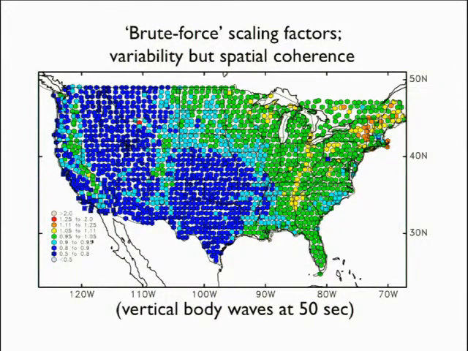But the important thing is that blues tend to be grouped with blues, which shows that adjacent stations actually have very similar scaling factors. There's a regional pattern here, which I think has little to do with Earth structure, and might have to do with global seismicity distribution and things like that. At least the two things are convolved. But the spatial correlation tells us that at least the array itself is well calibrated.